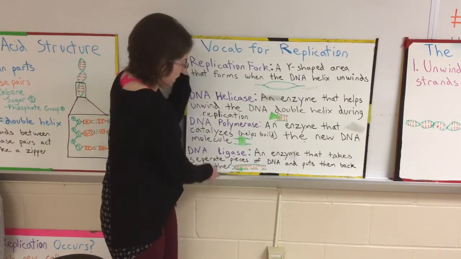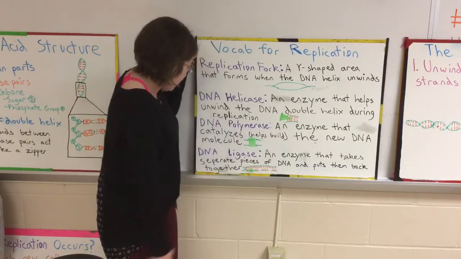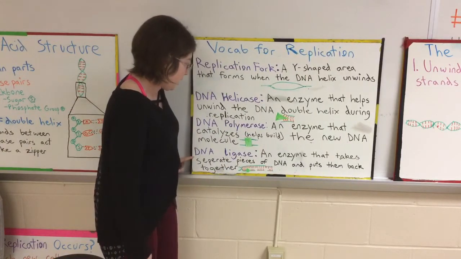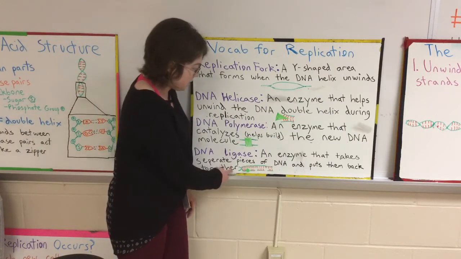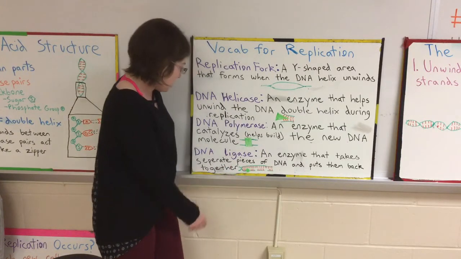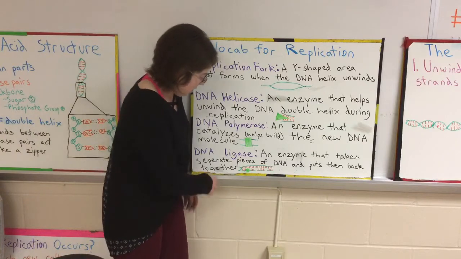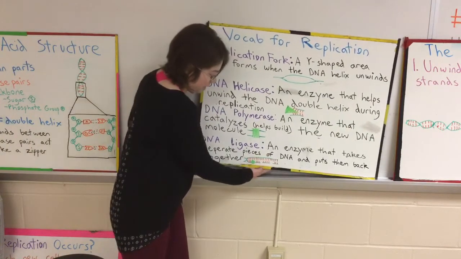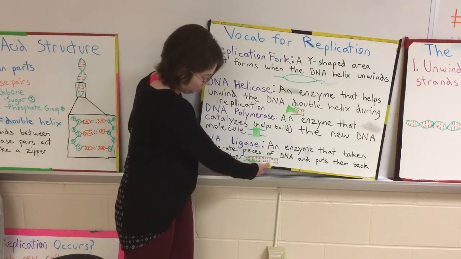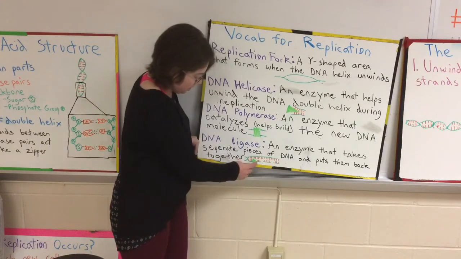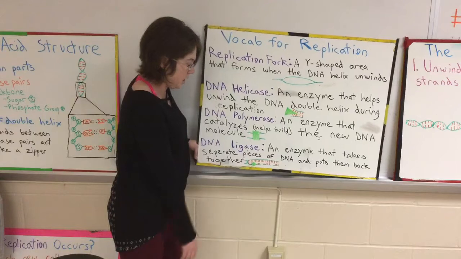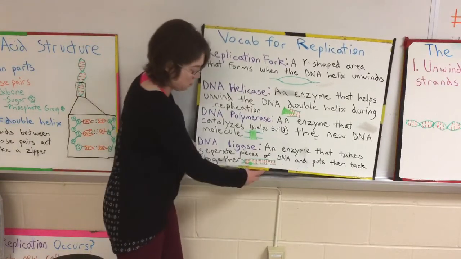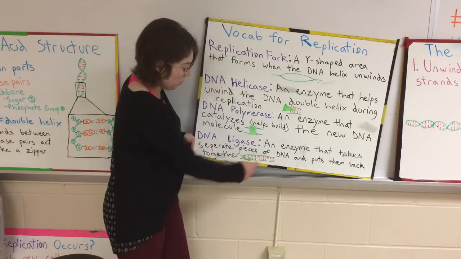The last one is DNA ligase, which is an enzyme that takes separate pieces of DNA and puts them back together. This picture here shows these separate pieces of DNA. This piece was also separate from there, and this little green circle is the ligase. It helps to put these pieces back into one big strand.